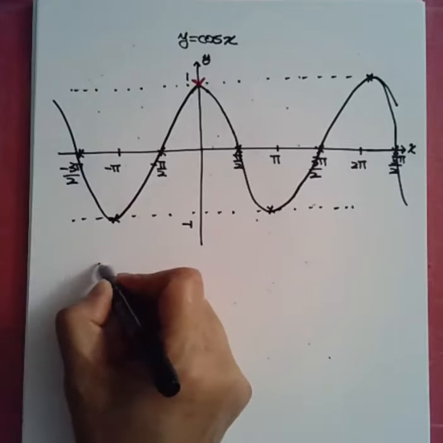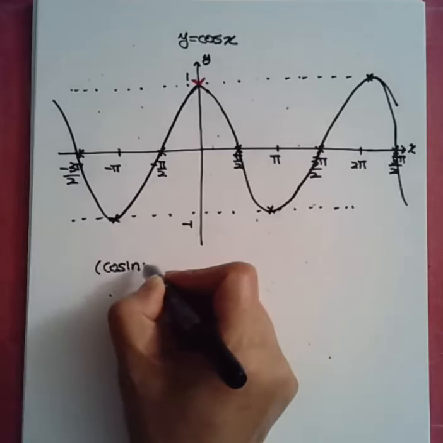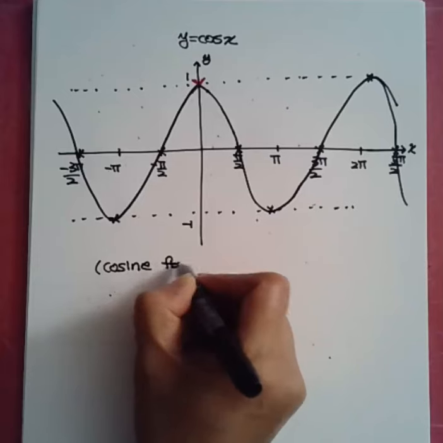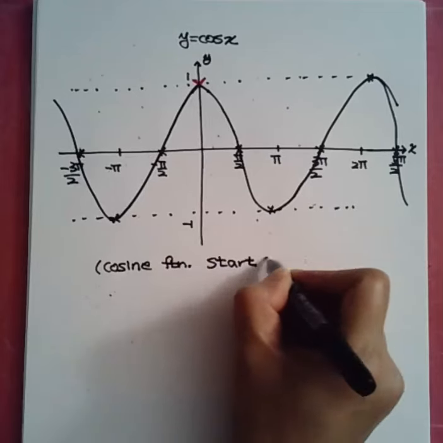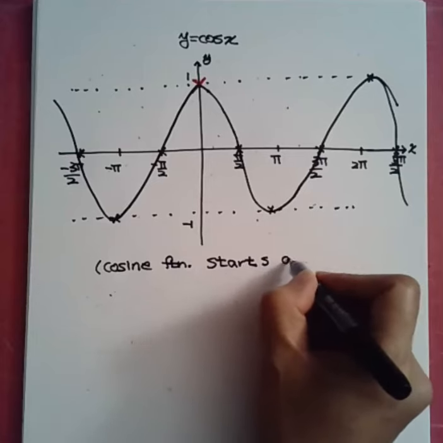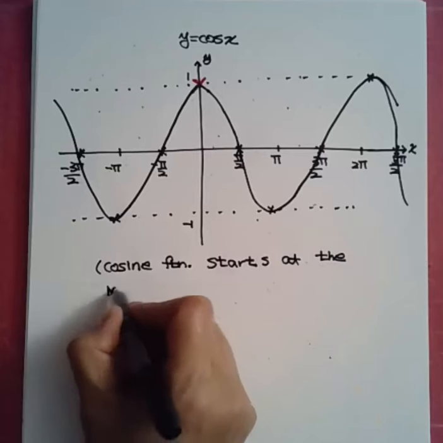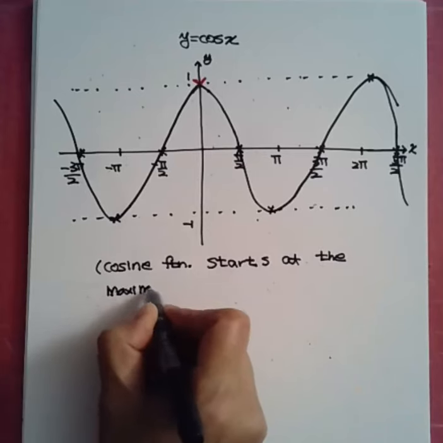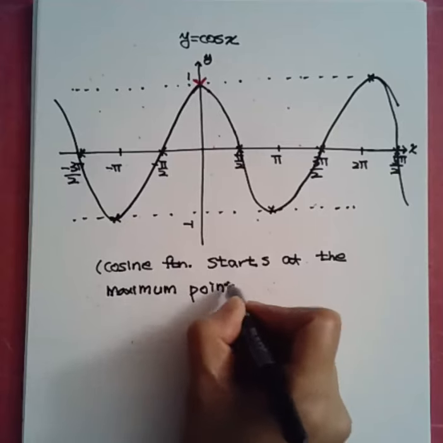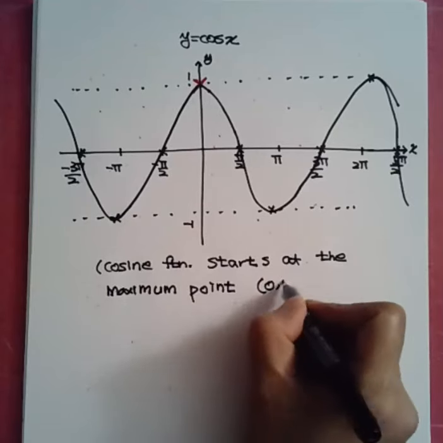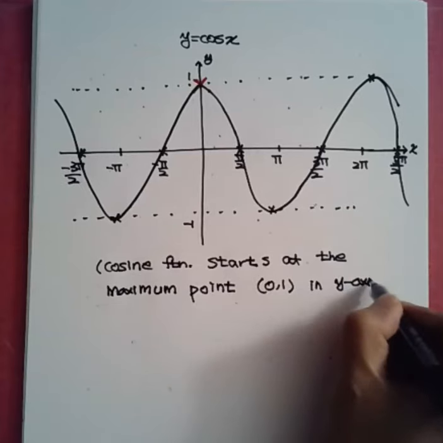As I said, cosine function starts at the maximum point, 0, 1, on the y-axis.